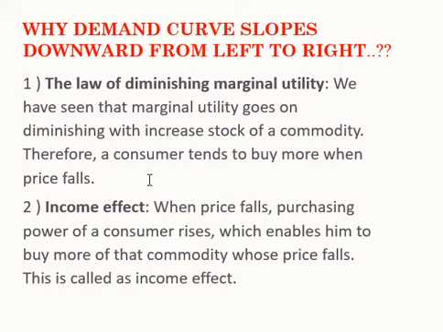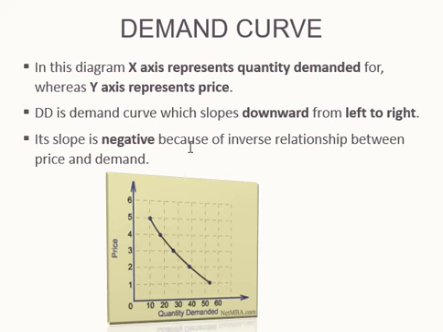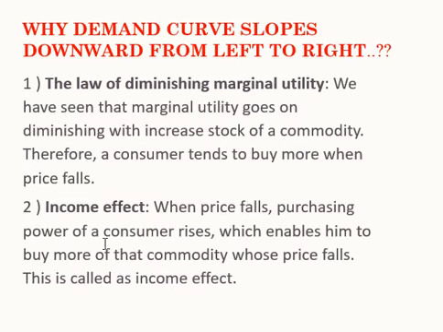The second reason is the income effect. What is the relationship between price and income? We have seen there is an inverse relationship between the price and the quantity demanded. Now we are talking about a different term but with a similar connection. When a person's income rises or increases, his ability to pay or purchasing capacity increases.